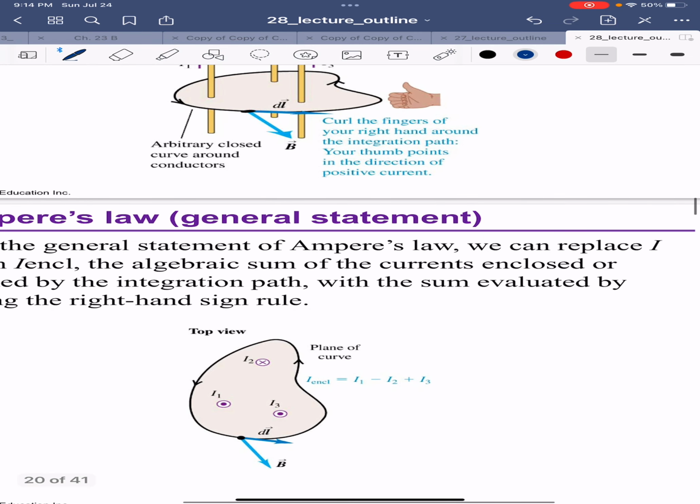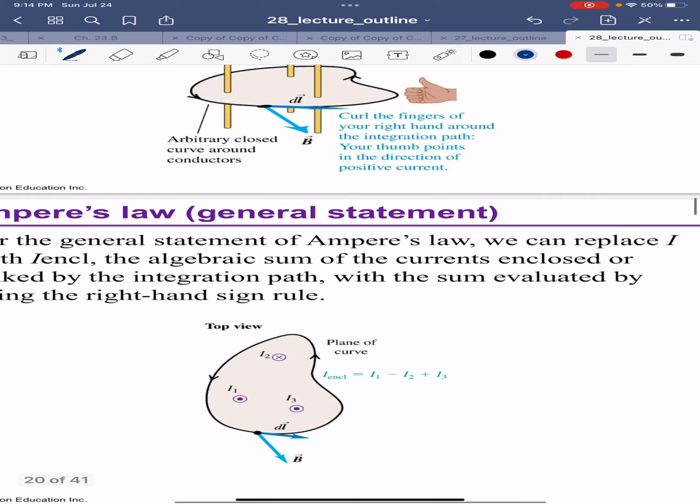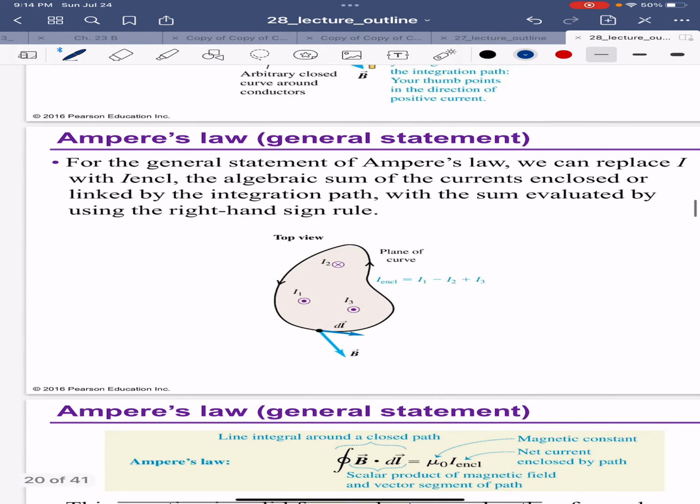Okay, I1, and I2 is going to be into the page. Out of the page is going to be positive, and into the page is going to be negative. Then I2 is negative, and I1 and I3 are positive.